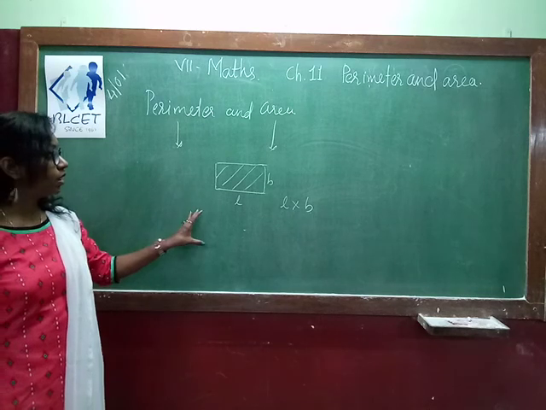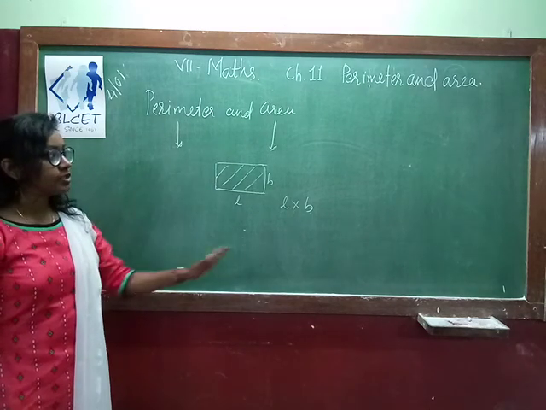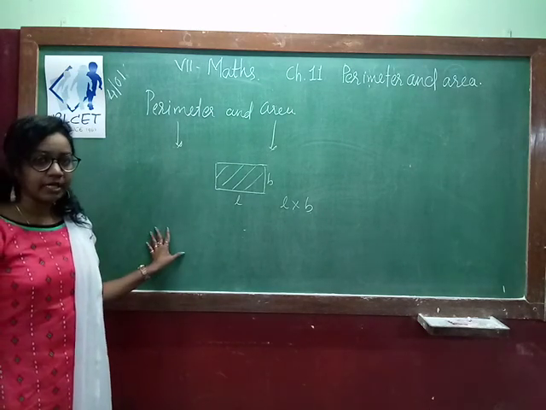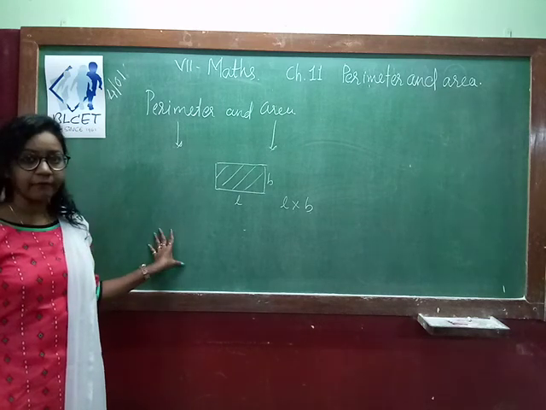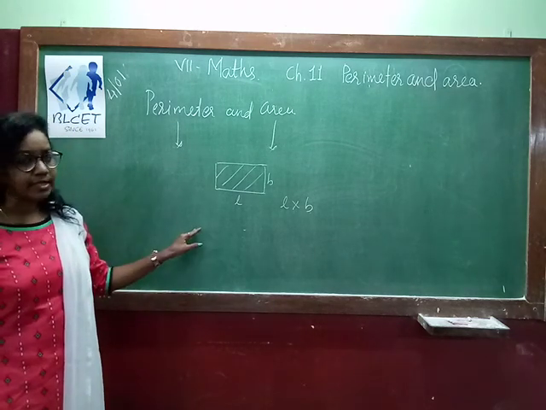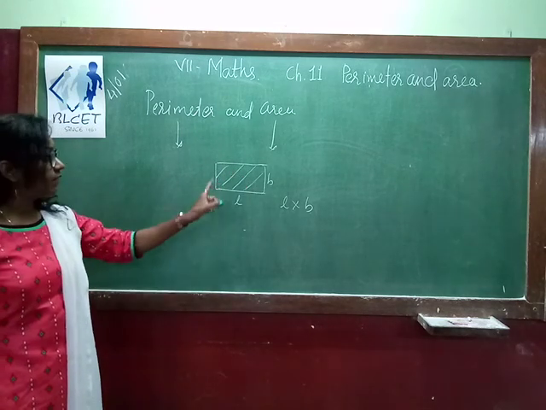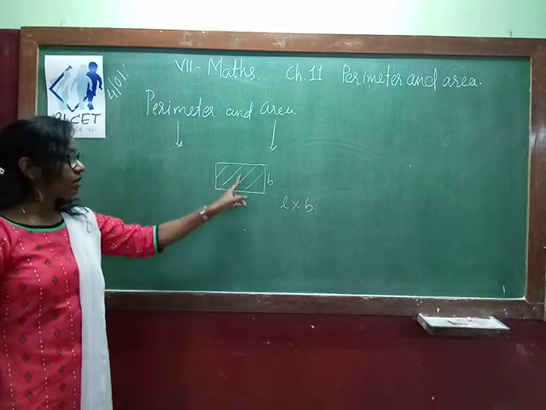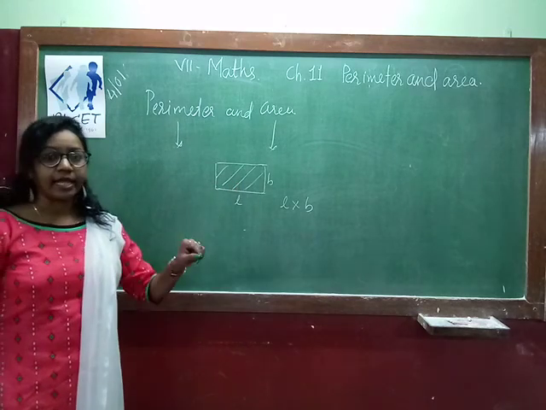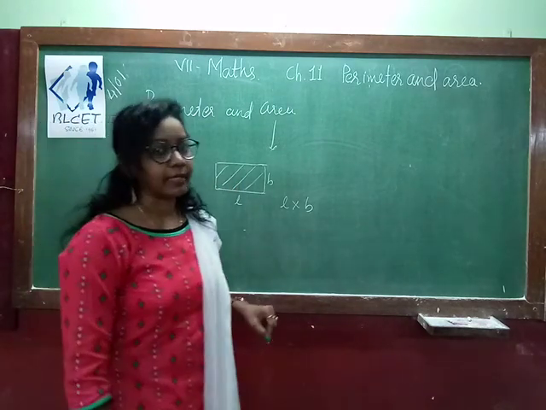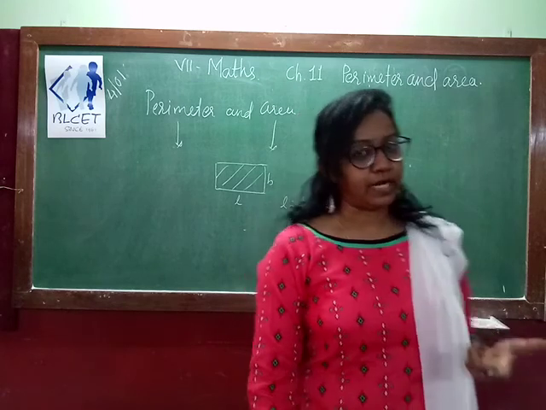So area means, if you consider this green board as your plane surface, and on that plane surface you keep any object, whatever region is covered by this object, that is the area of that particular object, which we have learned in lower standard.